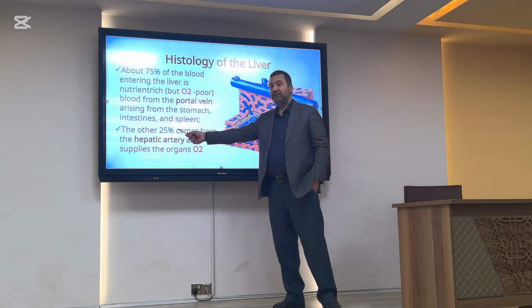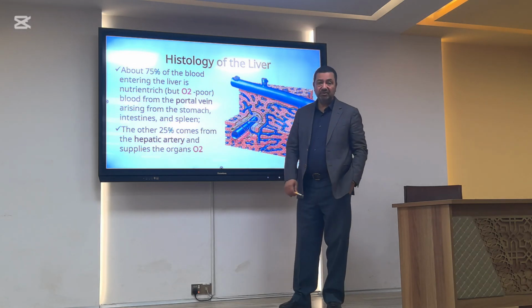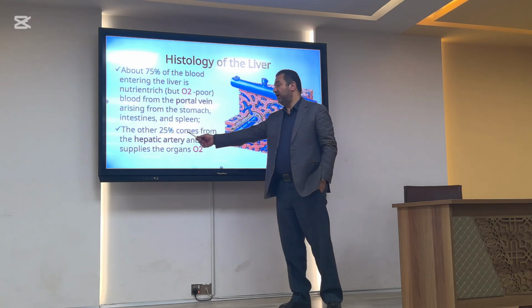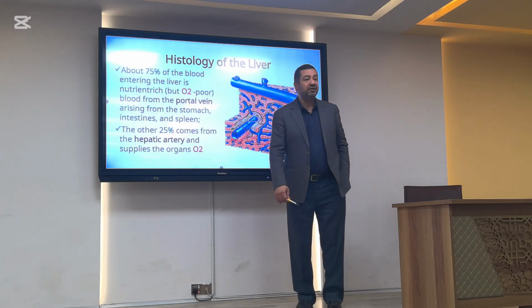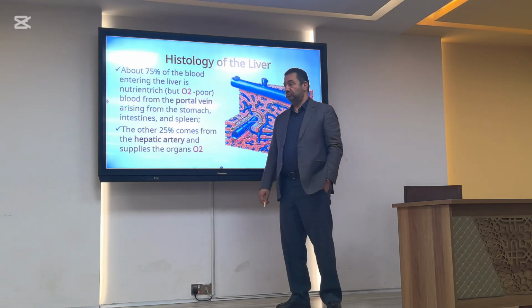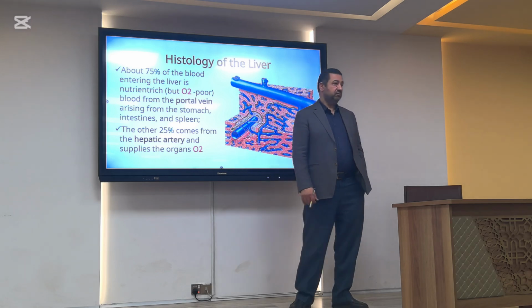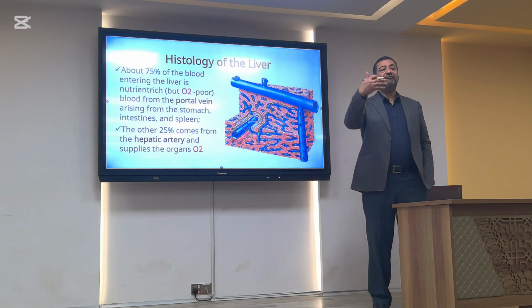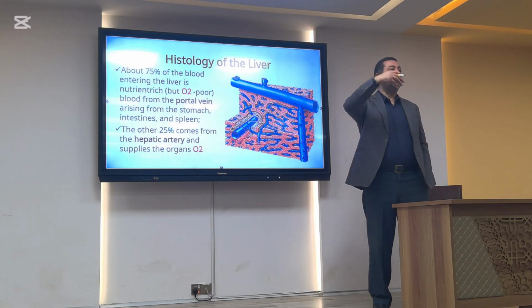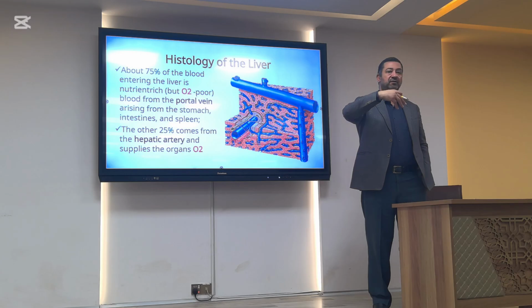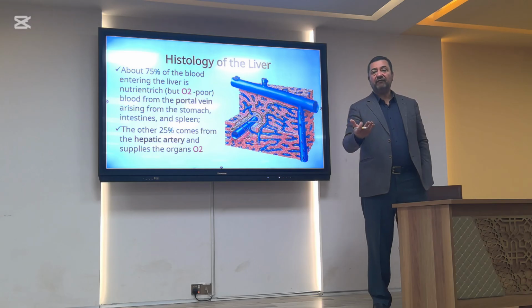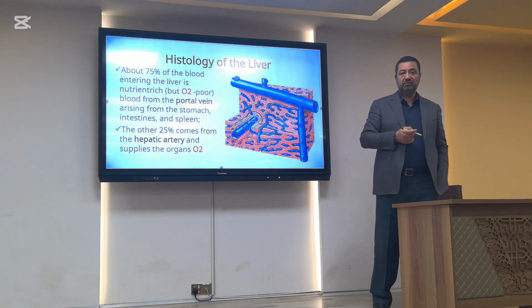And the other 25% of the blood entering the liver is from the hepatic artery, and this blood has more oxygen. So 75% of the blood entering the liver has poor O2, and 25% has more oxygen. Okay?